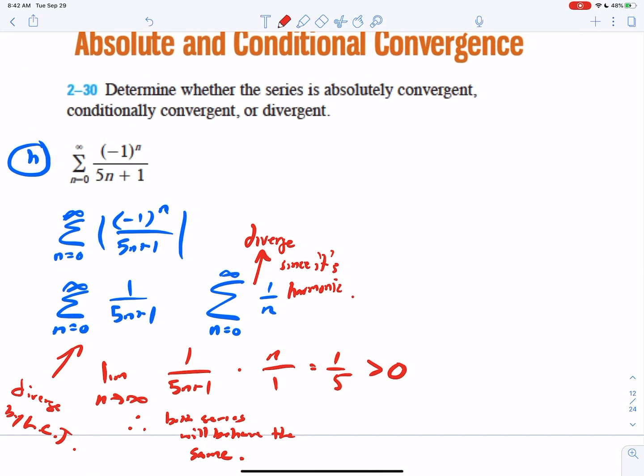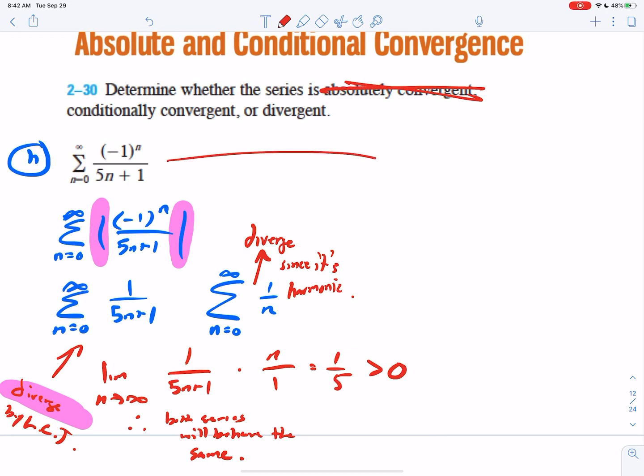So what test did we just run here? We were checking to see if it was absolutely convergent, okay? And it diverged. So we know that it's not absolutely convergent. So we run on to our next test. We check to see if it's conditionally convergent.